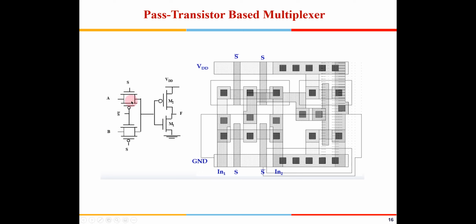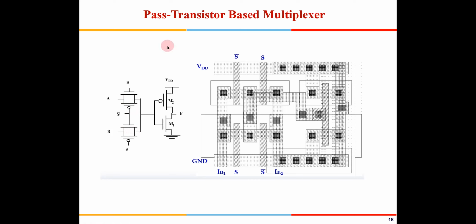Now, here only 2 switches are used. You can have 4 switches, and you can have S1, S2 also. This is used to restore the level, but in this case it is not required because you are using a complementary circuit.